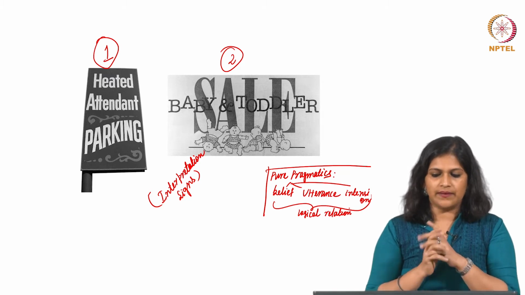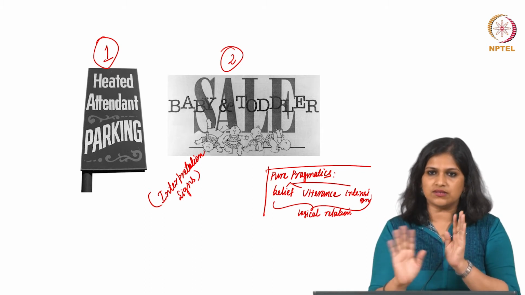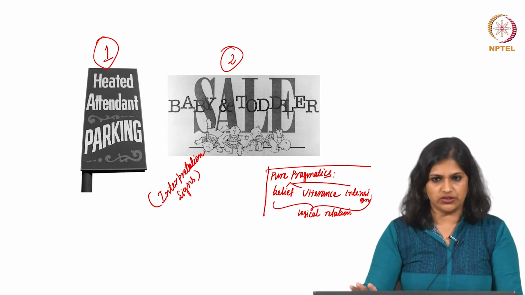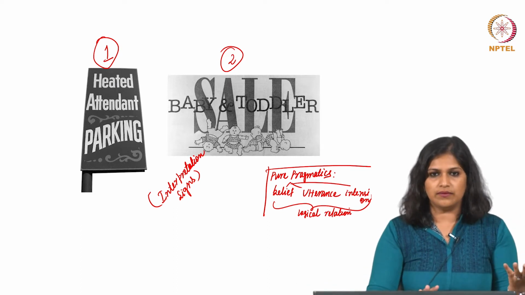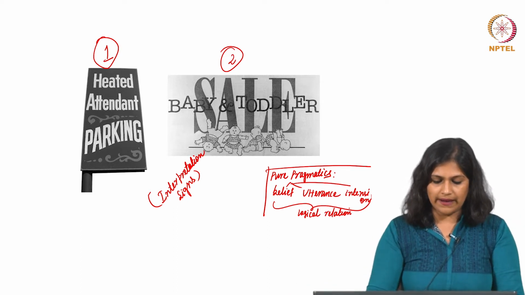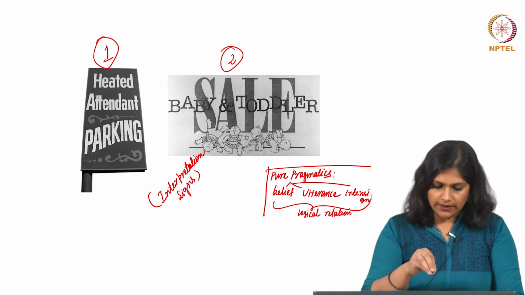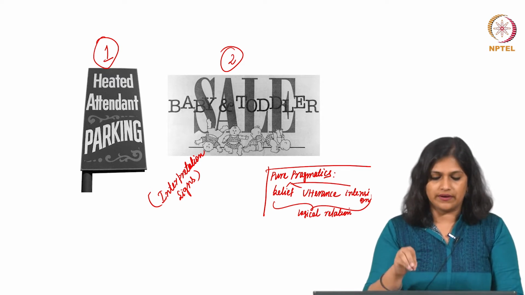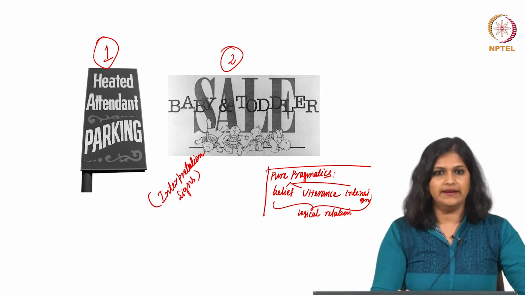So, though it is written baby and toddler sale, we clearly understand that the store is not selling young children, rather the store is selling the clothes for the young children, the clothes for the babies and toddlers. Similar is the case, though the hoarding says heated attendant parking, we understood that the attendants are not parked here. Rather, your car can be taken care of by our attendants, because this area might be heated, right.